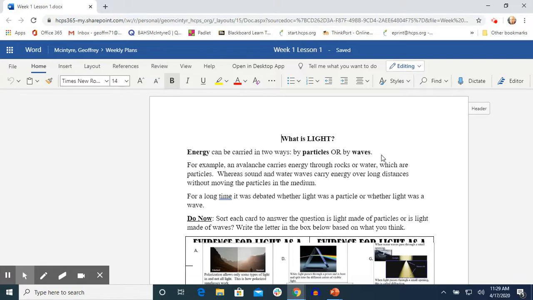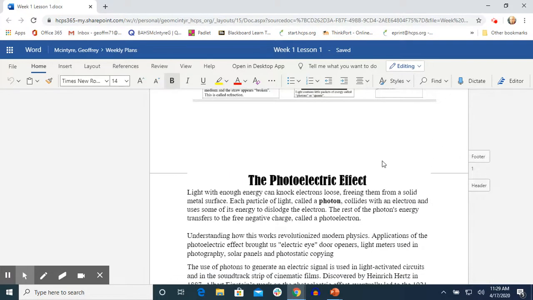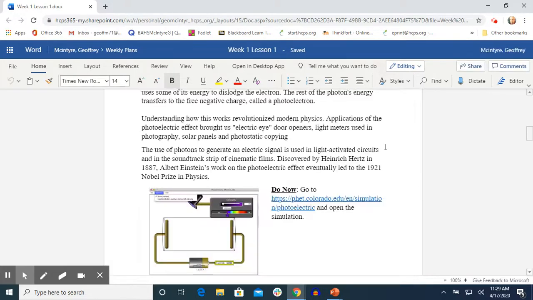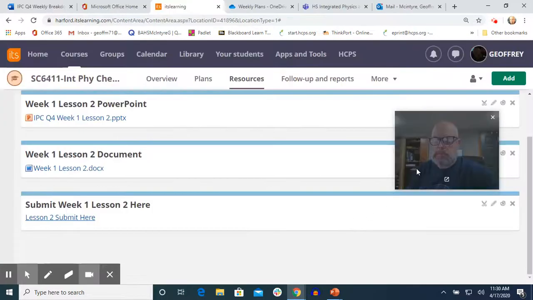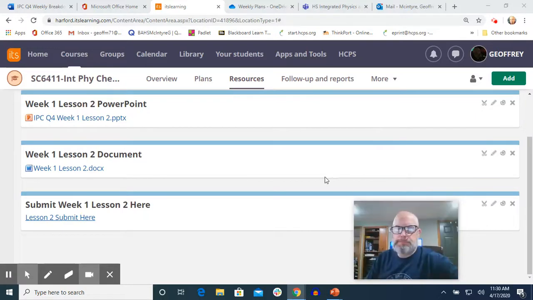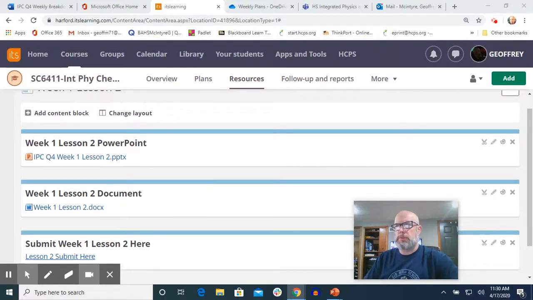Okay, so page numbers in there tell you where you're looking. Go through and answer the questions on here. Computer's bogging down. I'll have a new computer here in a few days, so that'll be fixed. Okay, so hopefully that makes sense for you.